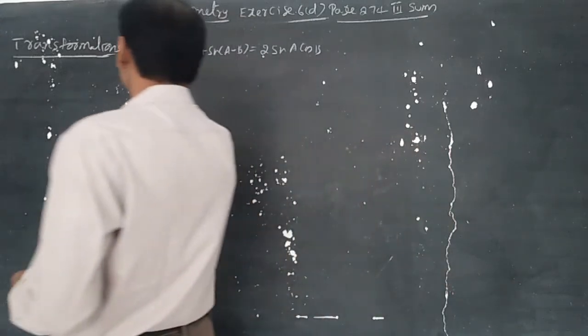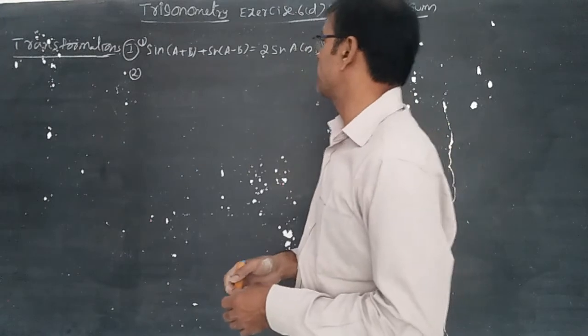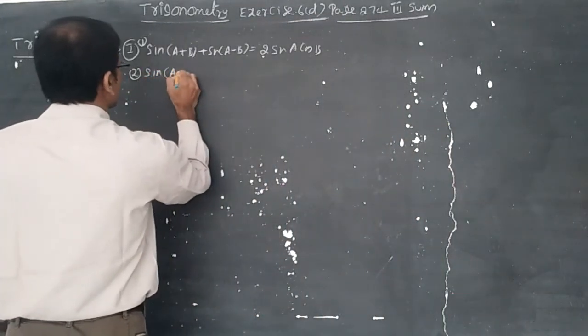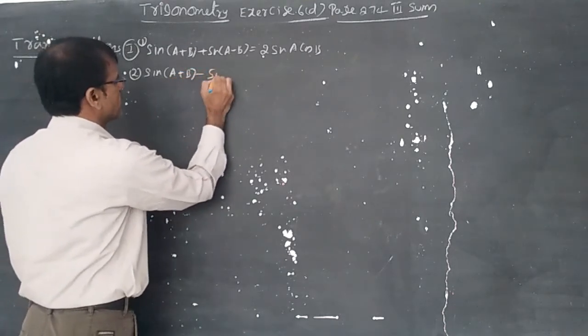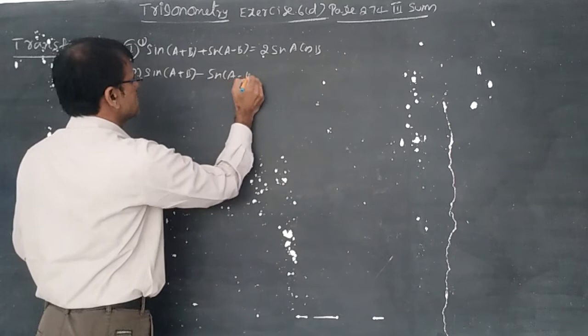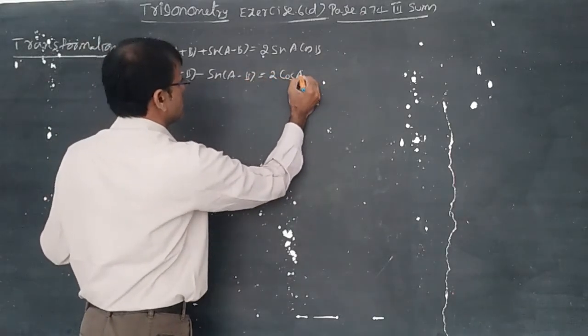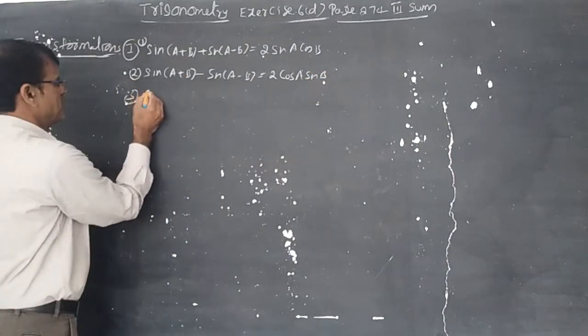This is the formula you should remember. You should not forget any of the formulas. Sin of a plus b plus sin of a minus b equals 2 sin a cos b. Next one: sin of a plus b minus sin of a minus b is equal to 2 cos a sin b.